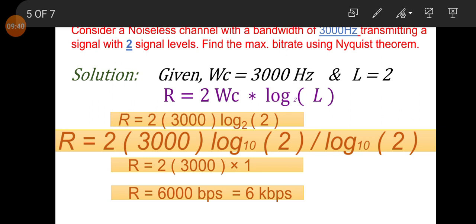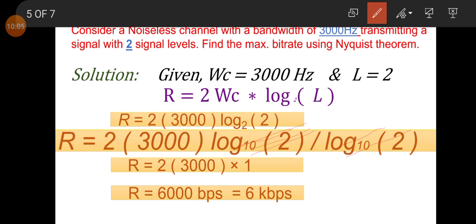So now you can get the logarithmic values from logarithmic tables, but it is not necessary to open the table and find the values, because here both numerator and denominator are the same, so both get cancelled. Log 2 to the base 10 and log 2 to the base 10 both get cancelled here. Are you getting these two values?